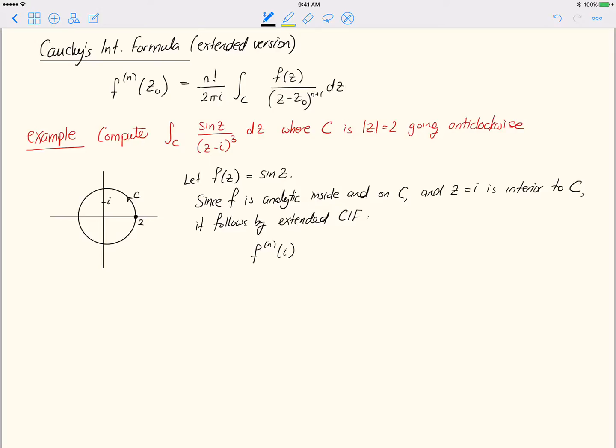f^(n)(i) is equal to n factorial over 2 pi i, integral of f of z over z minus i to the n plus 1 dz. Or in other words, I've got this.